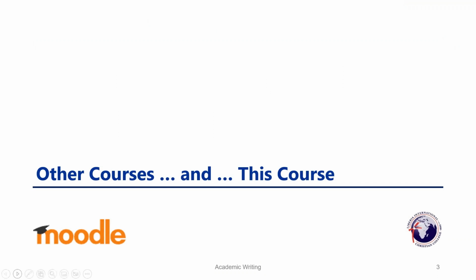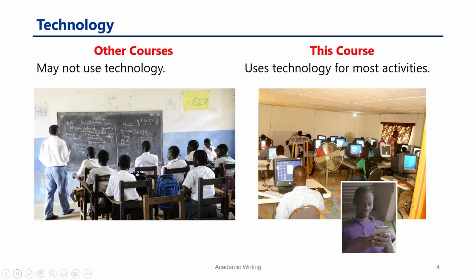I think the best way to understand about blended learning is to compare other courses with this course. Other courses may not use technology. As you can see in the picture on the left, students are in a classroom and the instructor is up at the front writing on a blackboard.